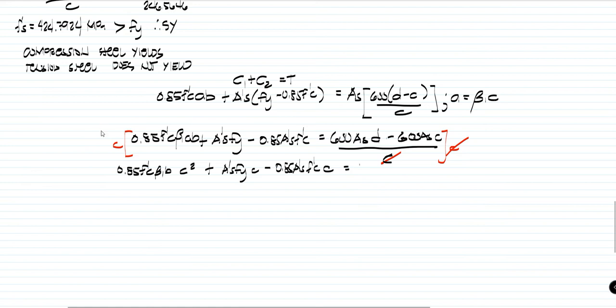Then that is 600 ASD minus 600 ASC. Then after that, combine natin yung similar terms.